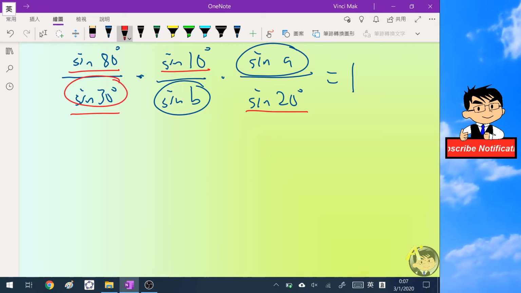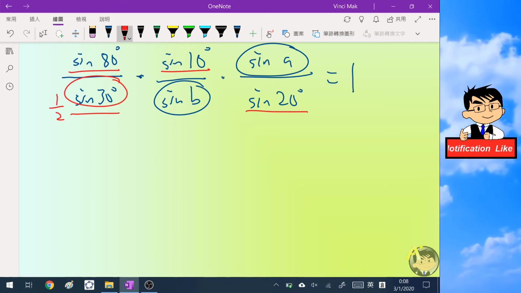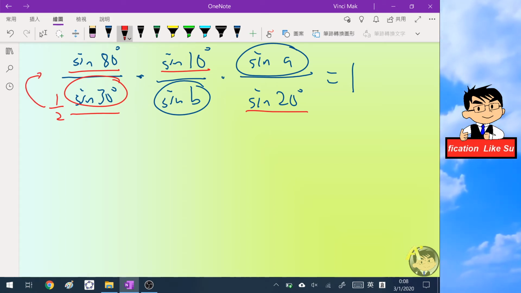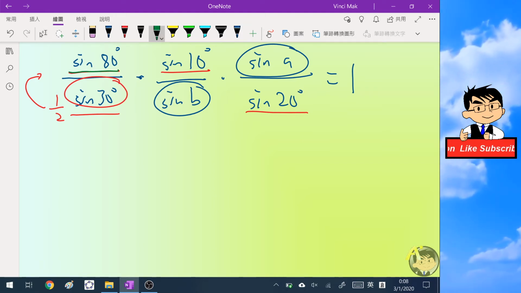Okay, sine 30 is half, right? So I change it into half and then multiply it in the numerator. And I noticed that there is some relation between sine 80 and sine 10.